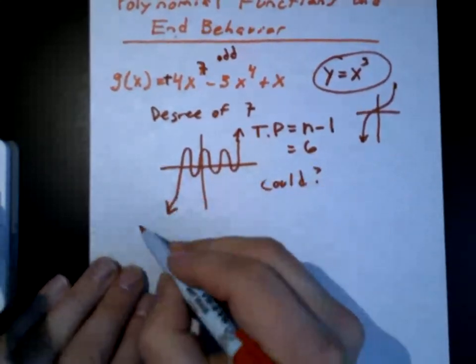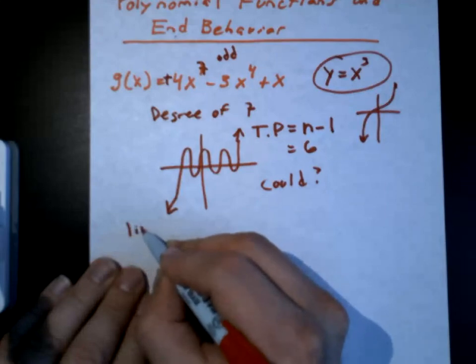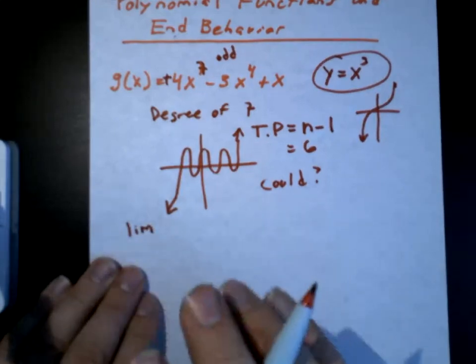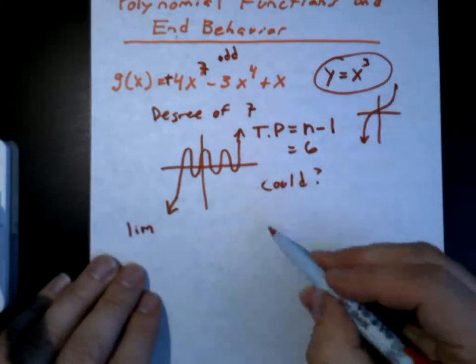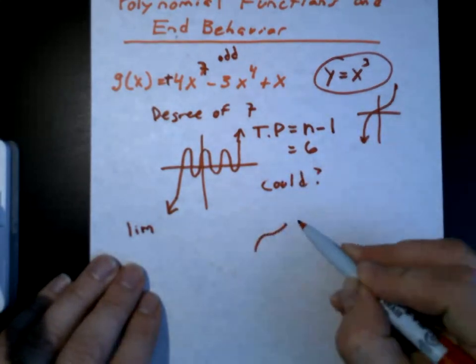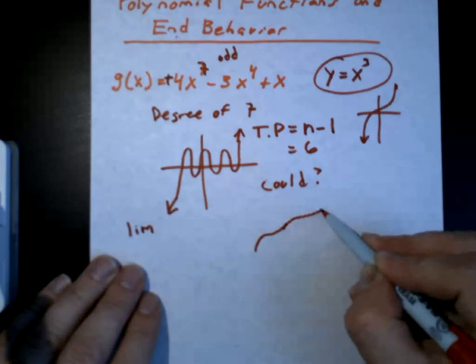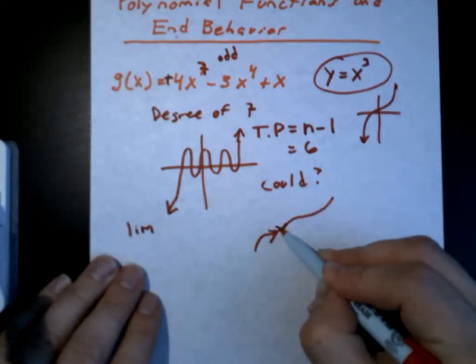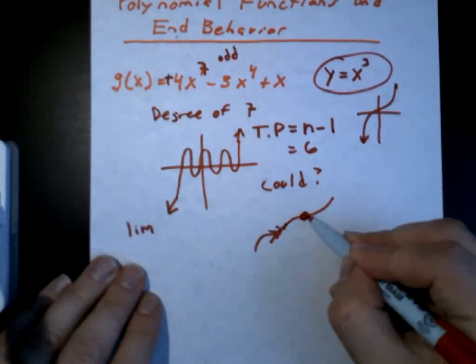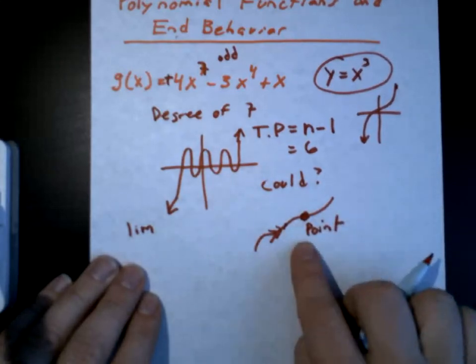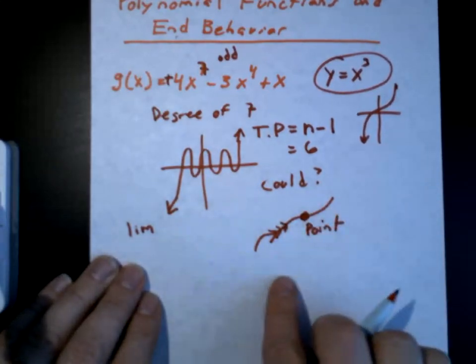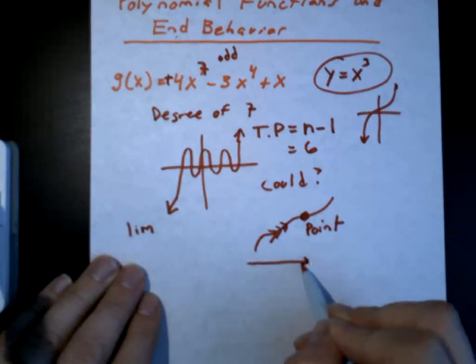We know the graph here, so we're going to start here. We're going to take a limit. To describe what a limit is, let's say you have a graph here and it looks like this. Maybe here's a point. This could be any point, right? And what happens as you approach this way?